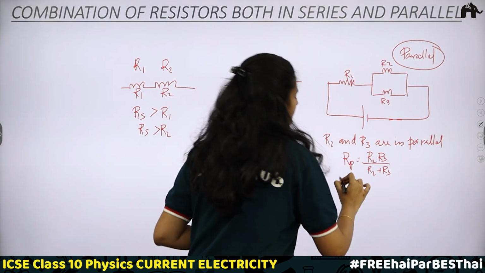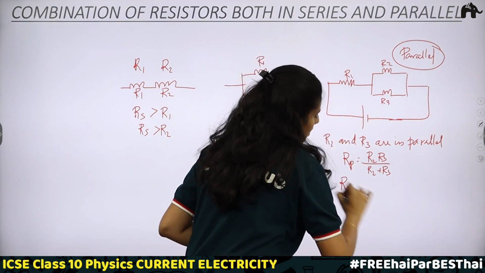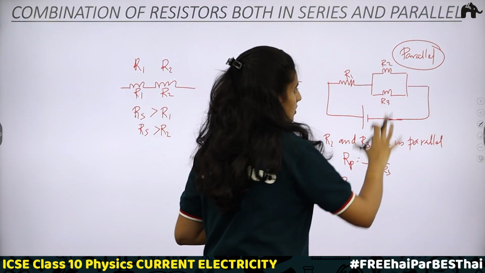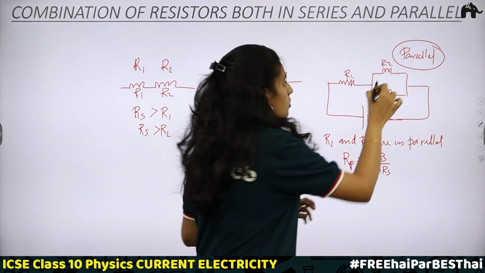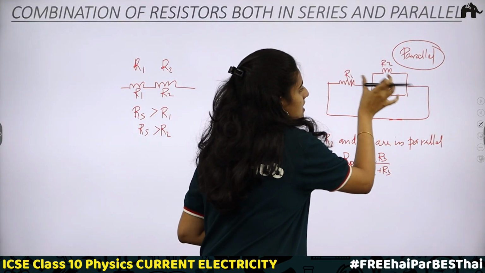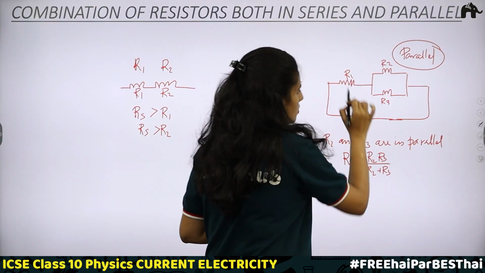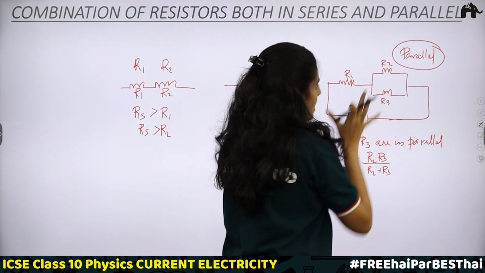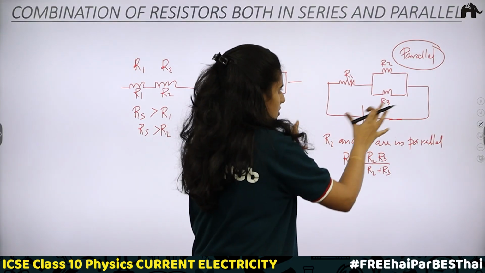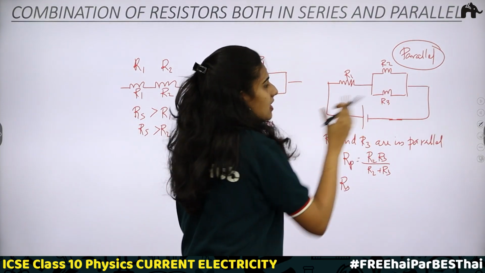Okay. Now, how to find the Rs value? Now, you can draw an equivalent circuit. Equivalent circuit is when you find the effective resistance here and you can just represent it as a single resistor. Okay. So, the effective resistance can be calculated after drawing an equivalent circuit. It's not necessary that you draw an equivalent circuit, but to simplify, you can draw an equivalent circuit.